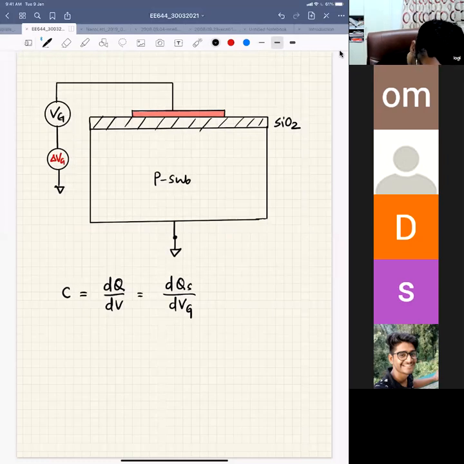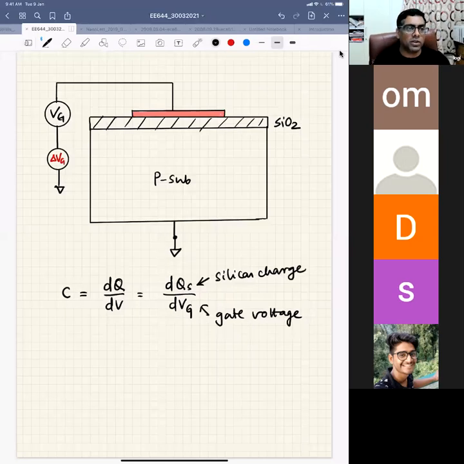So this is my gate voltage, and this is the silicon charge. If I give a perturbation to the gate and see how the charge in silicon changes, that is my capacitance, and that capacitance is the gate capacitance, Cg, right?